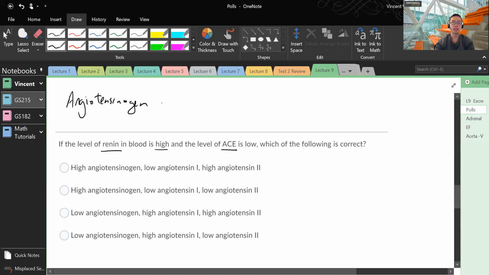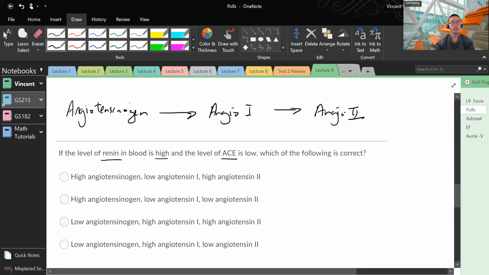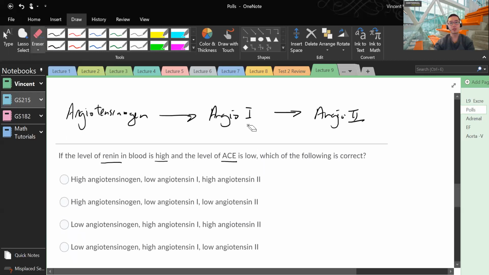Angiotensinogen is going to get converted into angiotensin number 1 and then angiotensin number 2, right? From angiotensinogen into angiotensin 1, we need renin. And from 1 to 2, we need ACE. So if renin is high and ACE is low, which of the following is correct?